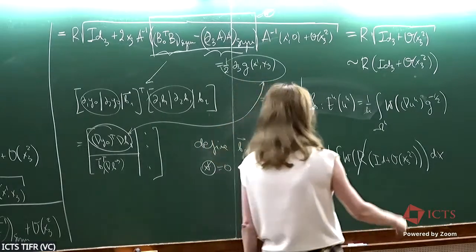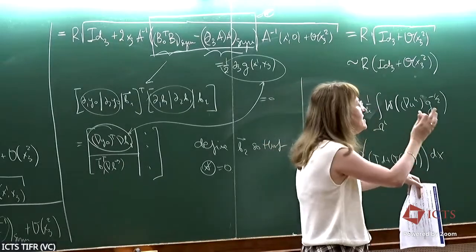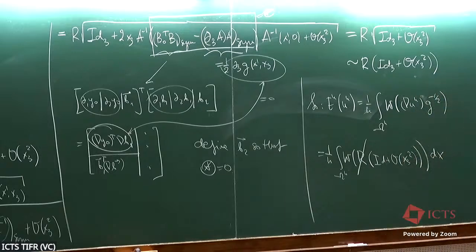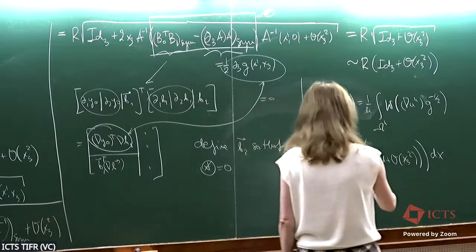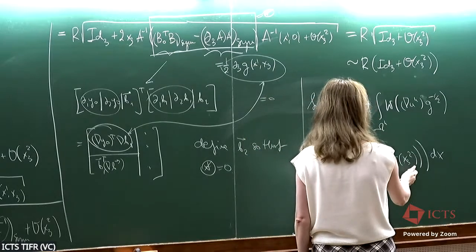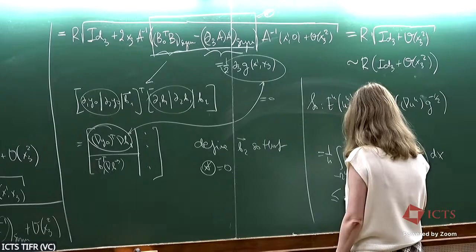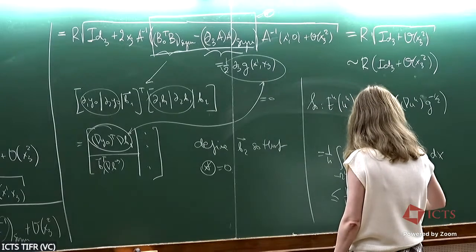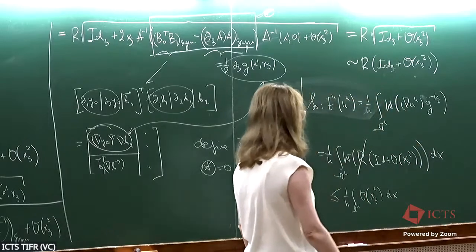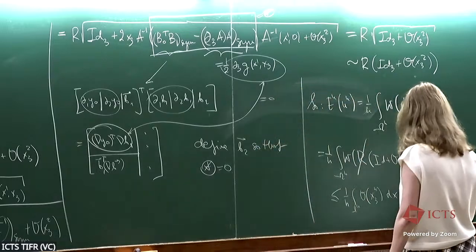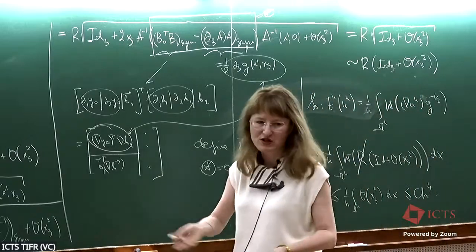Further, W, you remember, close to identity, I mean close to anybody in SO3, acts quadratically. So really this is quadratic on this, but that's already quadratic. That's why I get the power. So this is 1 over h integral omega h of O of x3 to the power 4 dx, so this is like C h^4, because x3 goes from minus h/2 to h/2, so it's of order h.